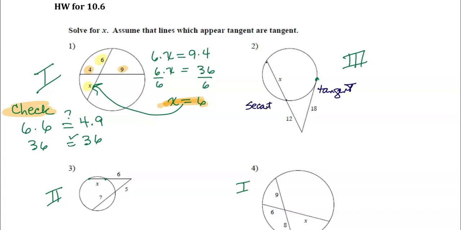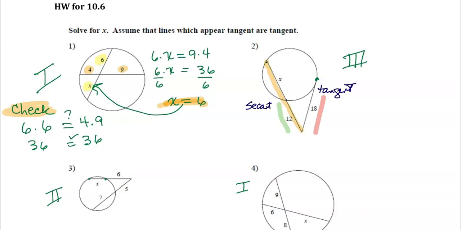And in theorem 3, we are told that the pieces of the entire secant, okay, so this is the entire secant, times the external piece equals the tangent piece squared.